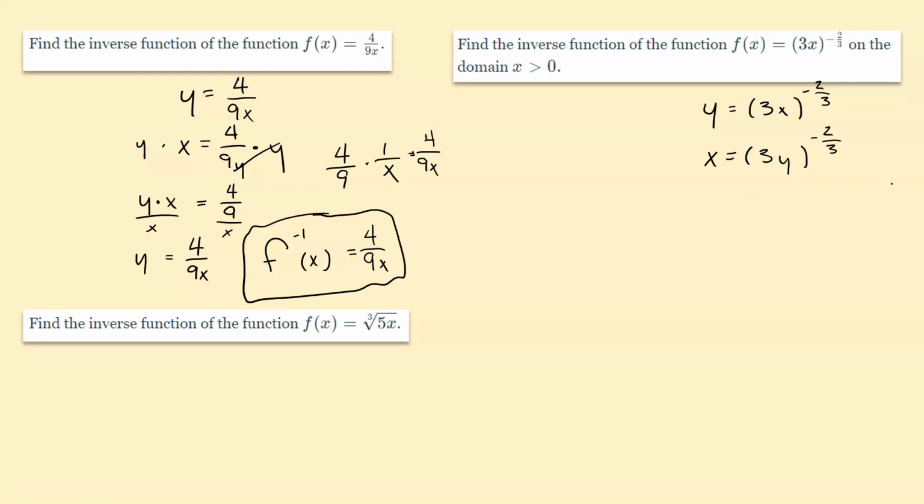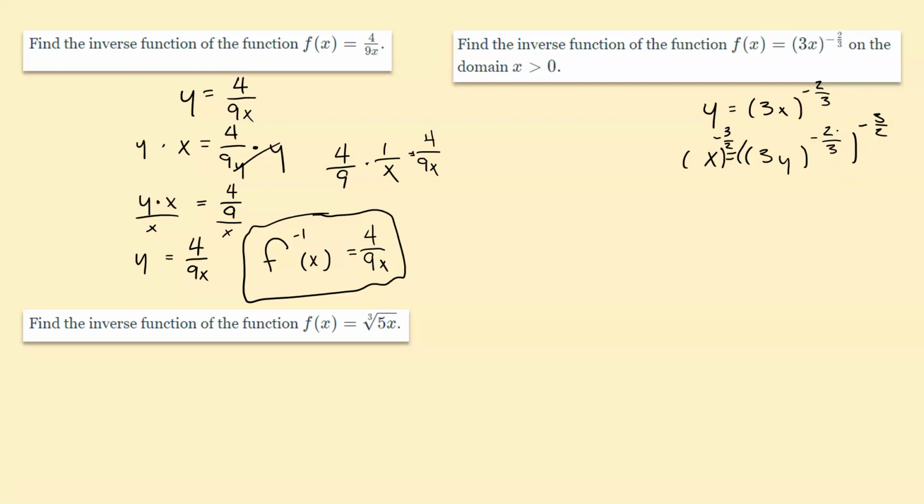So we want to raise all of this, which means we'll have to raise all of this as well, to an exponent that will make our exponent just 1. So we want to raise it to, it'll have to be negative, and it'll have to be the reciprocal here. Because remember, when we raise an exponent to another exponent, we multiply them together.